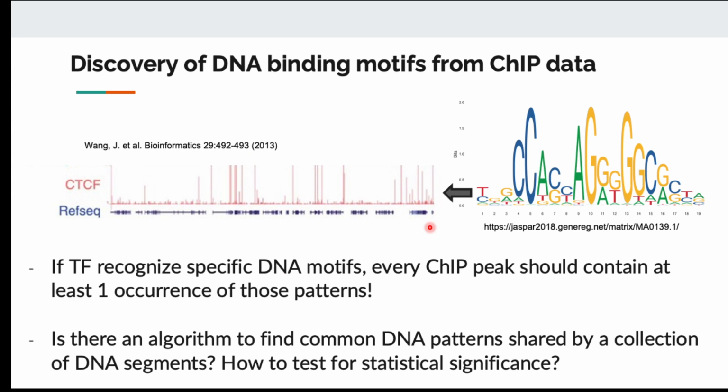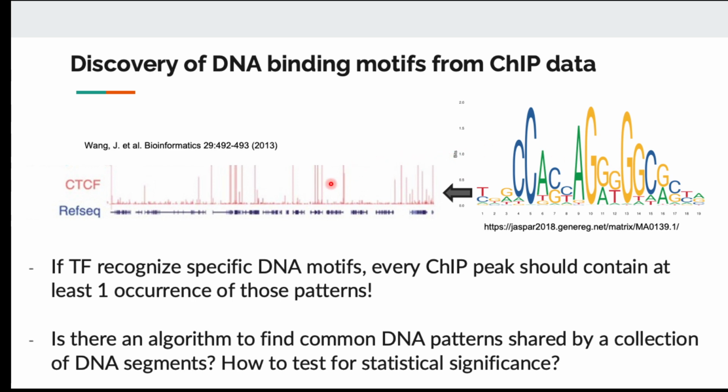Okay. So what is the assumption that we're going to use? Let's say we focus on a certain protein, and we see ChIP-seq peaks at many locations. Our assumption is that this protein recognizes a specific pattern, and this specific pattern should occur in every peak, because if the transcription factor can bind to all these locations, if it really recognizes this specific motif, you should be able to see this motif everywhere that you see the peak.